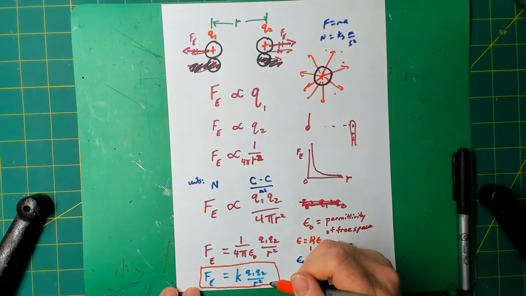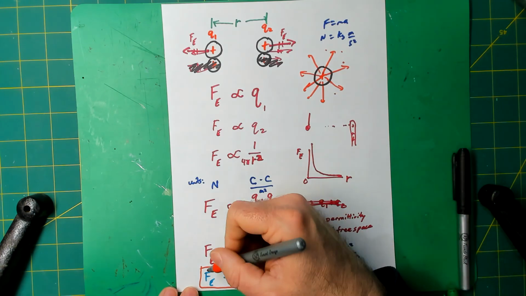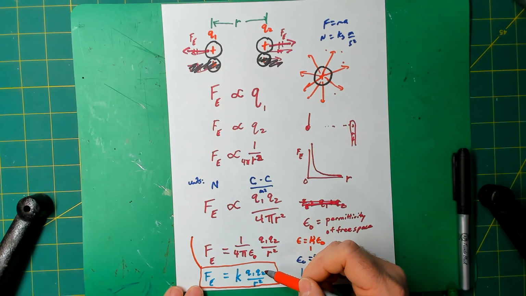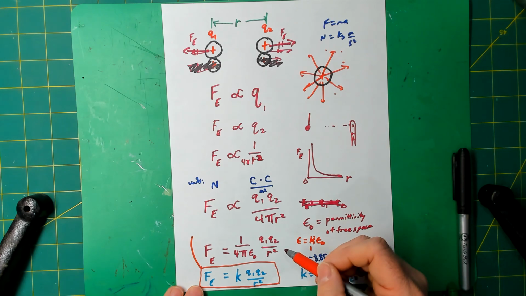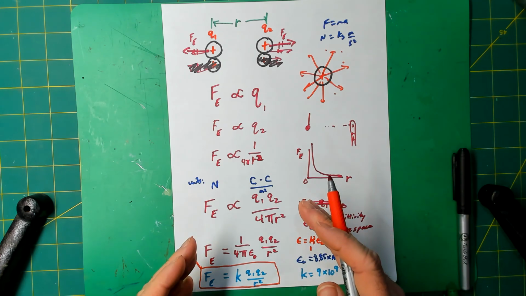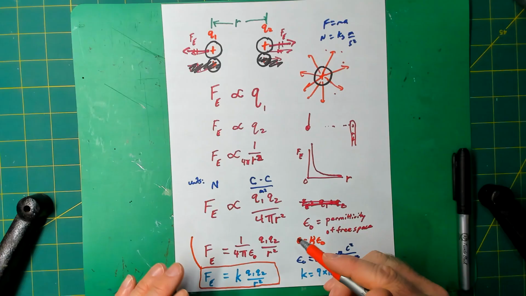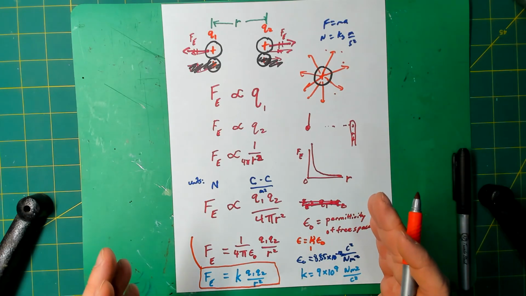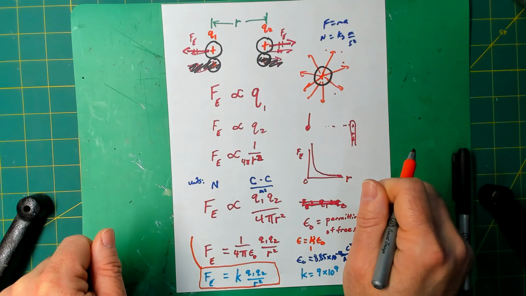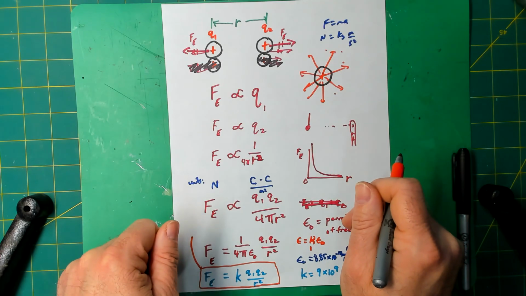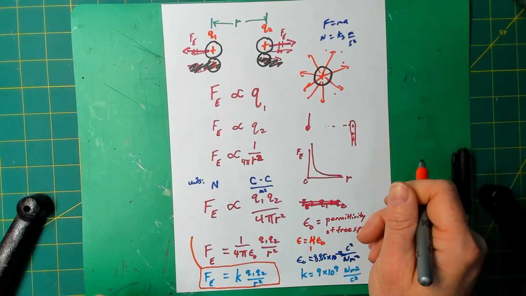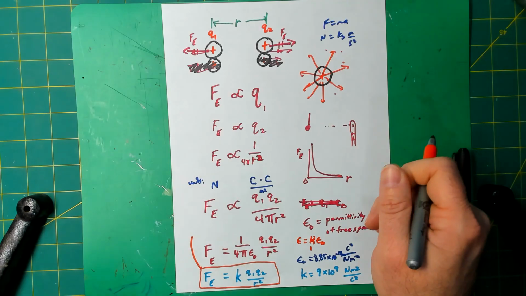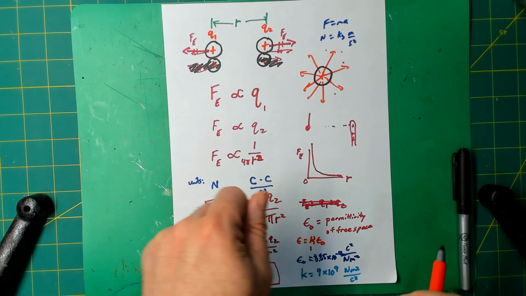And then I've got to say two more things about this. This equation has a name. The person who first did the experiments to test this out and check that if I took two things of the same charge and moved them twice as far apart, the force dropped off 1 over r squared. He also proved that if I took two identical metal spheres, charged one of them, and checked how it repels the other one, and then I touch it with another identical one, so now the charge is half as big, you could show that now the force is half as strong. Now I can touch it with another identical sphere, now it's a quarter, and the force is a quarter as strong.